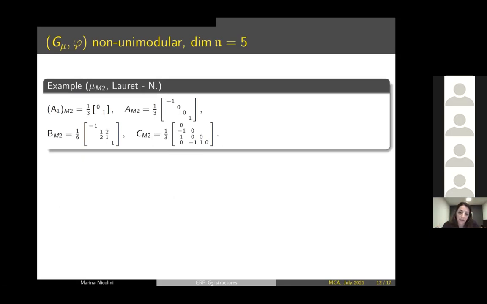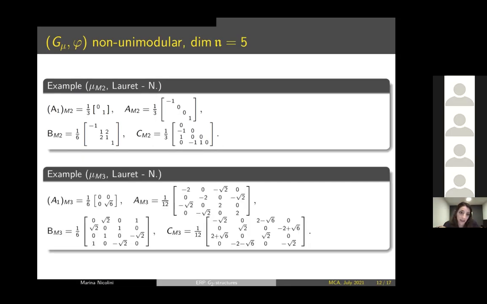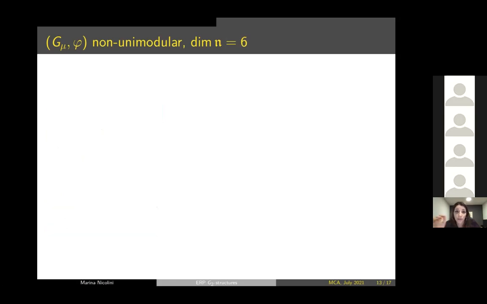I present here the Lie algebras in the format A1, A, B, and C. These Lie algebras are not isomorphic because the nilradical of M2 is 3-step nilpotent, I think, and this one is 2-step nilpotent. So they are not isomorphic. And the third case is where the nilradical has dimension 6.